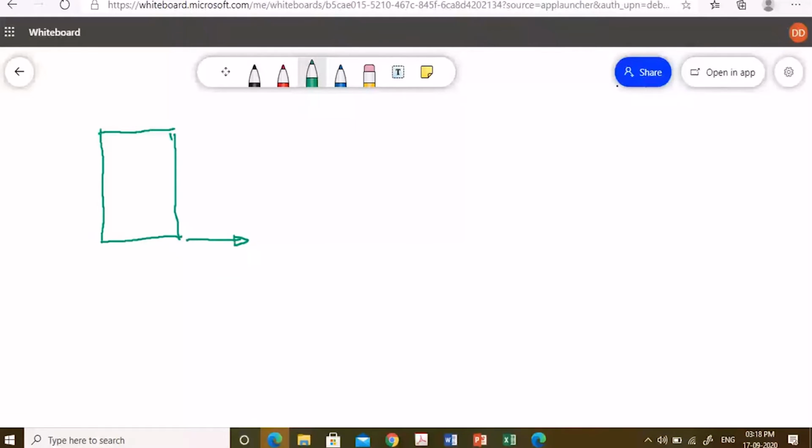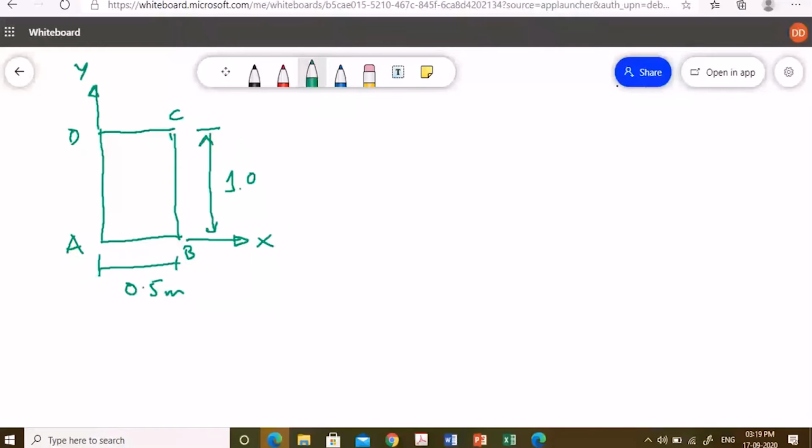This is x and y axis. This dimension is 0.5 meter. This dimension is 1 meter. And let's assume this is A, B, C, and D. So this is a thin plate. We are considering 2D only.